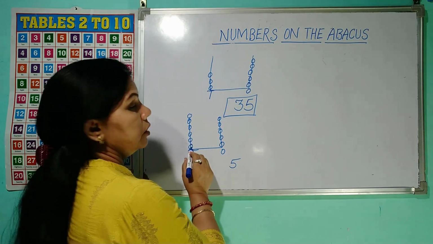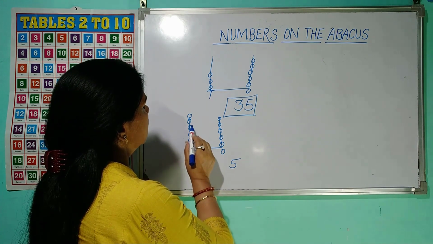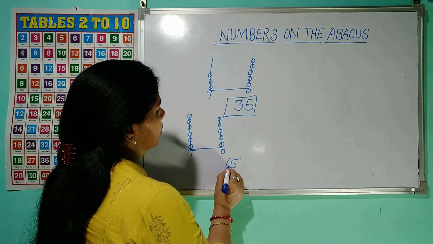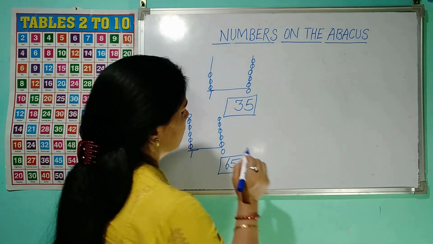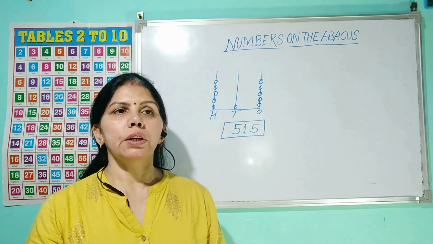How many beads in 10 spikes? 1, 2, 3, 4, 5, 6. We get number 65. You are already provided exercise of it.